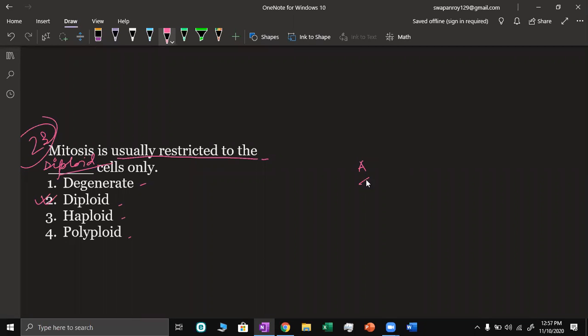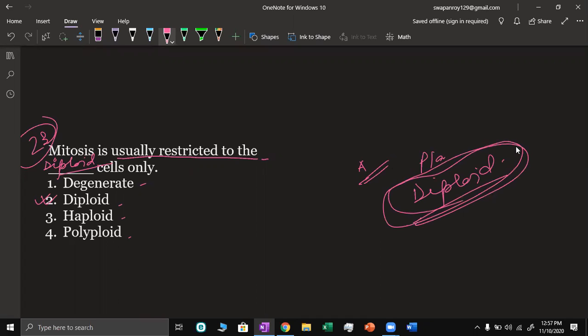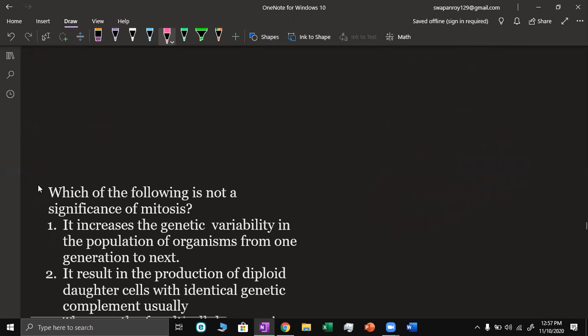But mostly all our higher organisms, whether plant or animal, are diploid. So maximum cell division takes place in the diploid cells. In animals, all the organisms are diploid, excepting a few lower groups of animals.